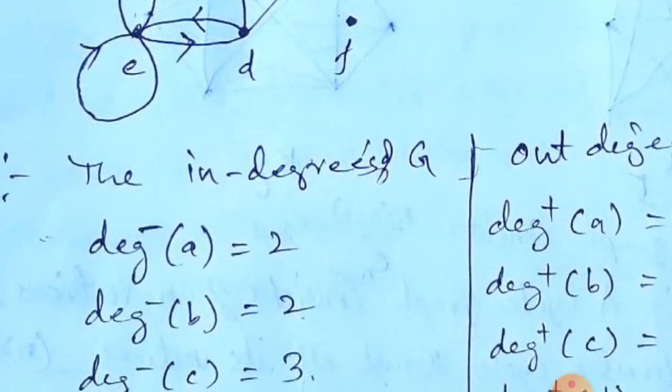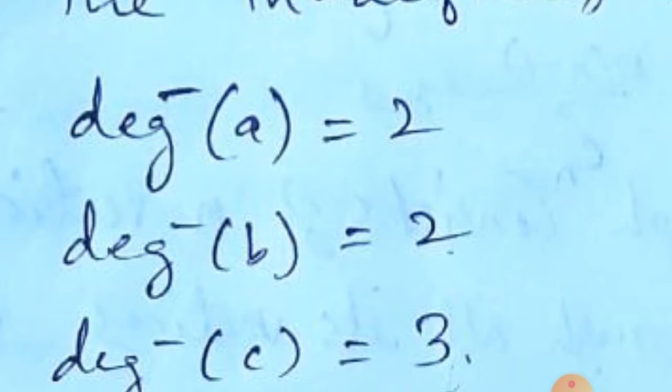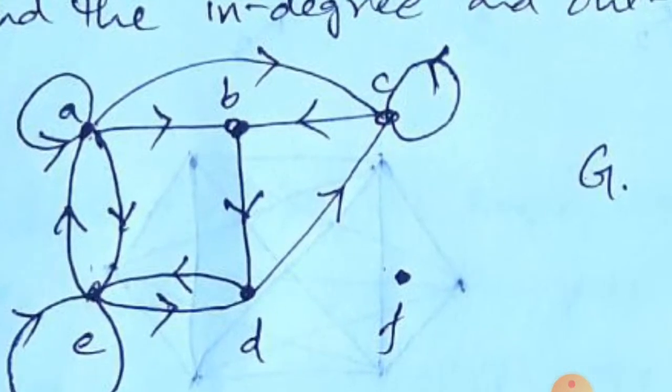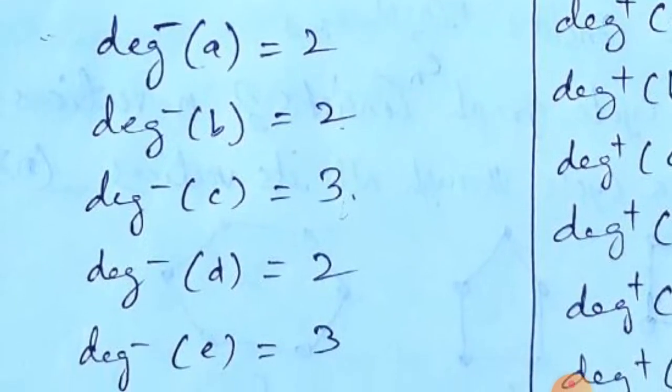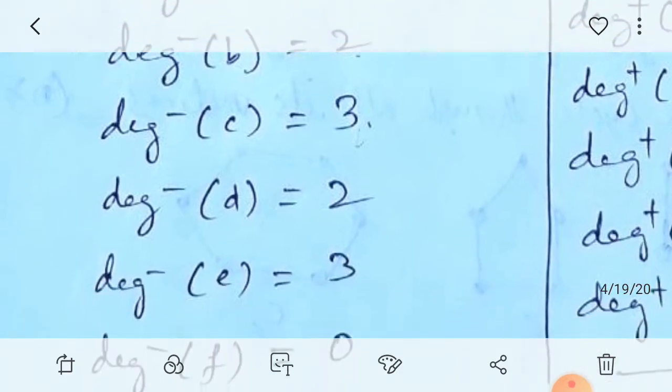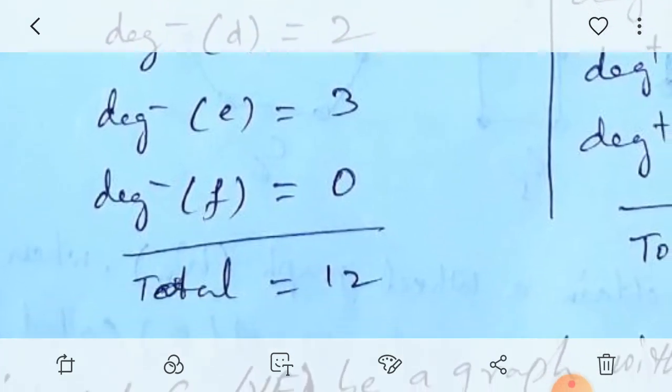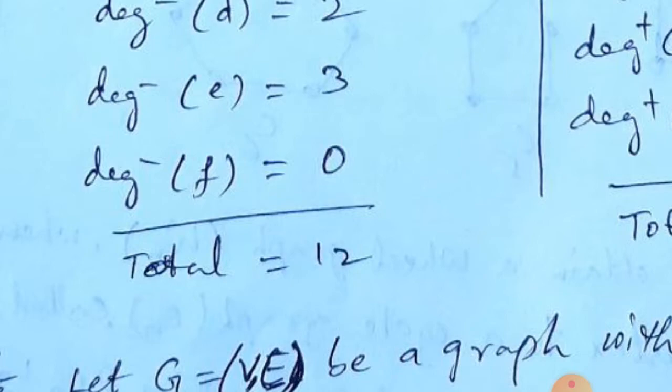Now observe the in degree of B. How many edges are incident towards B? A to B is 1 and C to B is another one, so only 2 edges are coming towards B. So the in degree of B is 2. Like that we can calculate the in degree of C, D, E, and F. Observe, the total sum is 12.